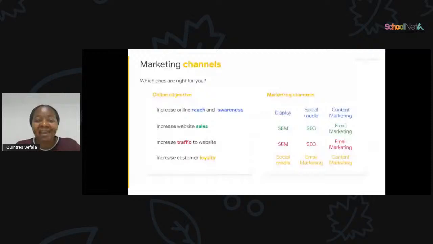We want to increase those services into the cart side. Same thing applies, include your search engine marketing.